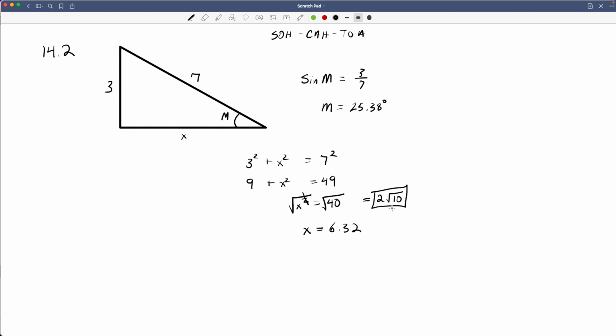So if you get it marked wrong and it's like this, I would highly recommend that you put that into the calculator and try the decimal answer. And if the decimal answer is marked correct, then you know that's what it is, right? You're doing it right. Don't get frustrated if you put this in and it gets marked wrong.